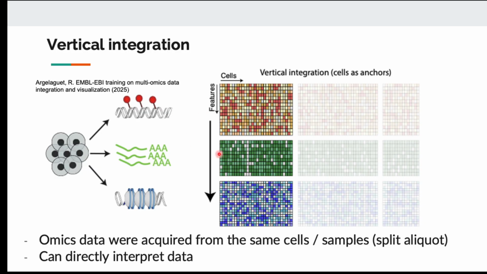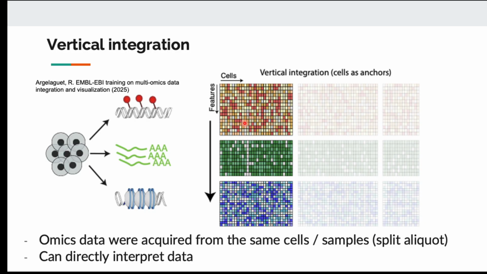So each row here represents different omics, maybe genomics, RNA-seq, and then ATAC-seq. But they are performed on the same cells. So you have a single culture, you record the DNA sample and RNA sample so that you can perform genomics, transcriptomics, epigenomics simultaneously.